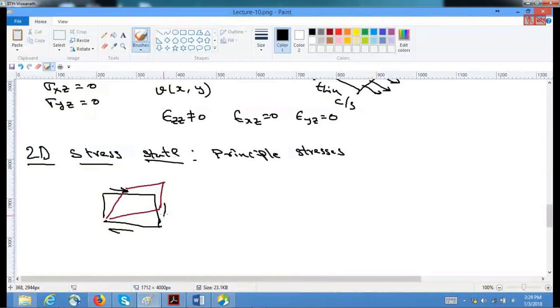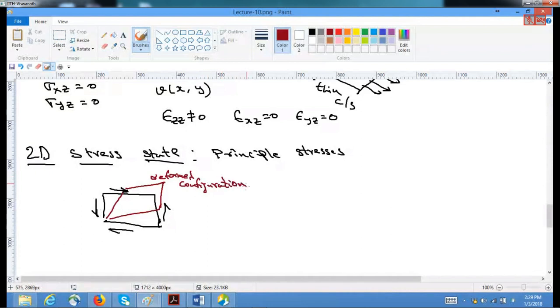If you subject this box to pure shear, it will end up in this deformed configuration, which is in the shape of Kaju Katli.